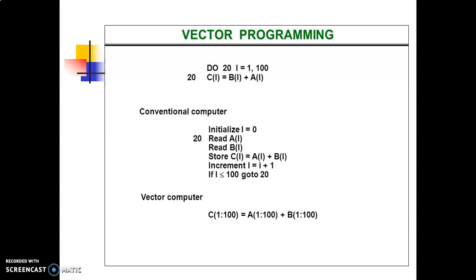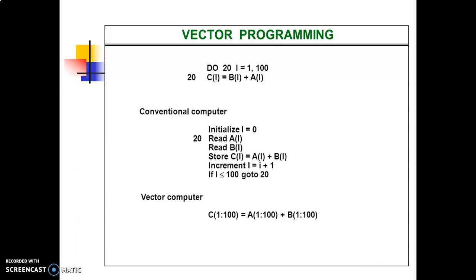This example is used to examine the difference between a conventional scalar processor and a vector processor. Consider the following Fortran DO loop for adding two vectors A and B of length 100 to produce a vector C. This is implemented in machine language by a sequence of operations, and this constitutes a program loop that reads a pair of operands from arrays A and B and performs a floating point addition.